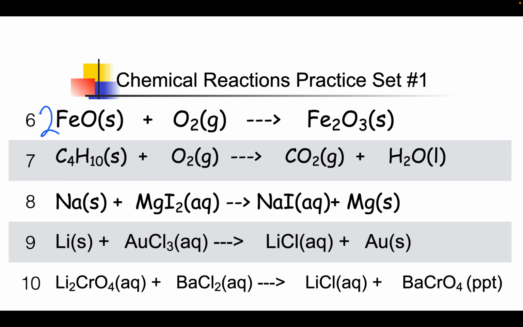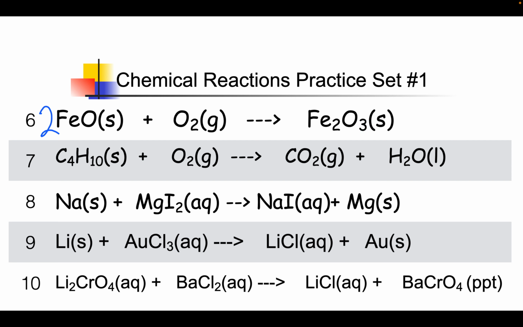So now I have 2 Fe's on the left and 2 Fe's on the right. O's are a little different here because I have 2 O's here and 2 O's here and then 3 O's here. Now, some math people might recognize right away that there's no way I can make these 2 and 2 O's equal to 3. This being an odd number, I can't make these even numbers odd.